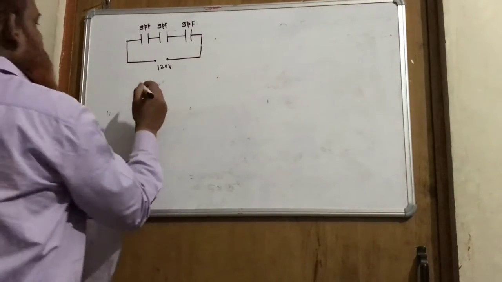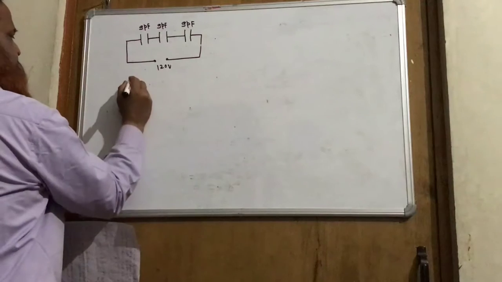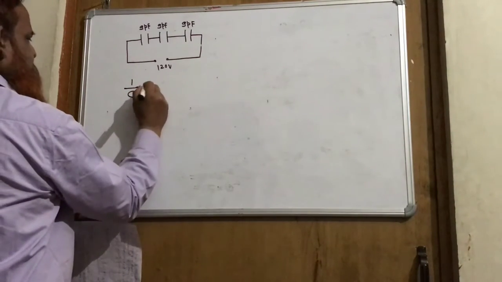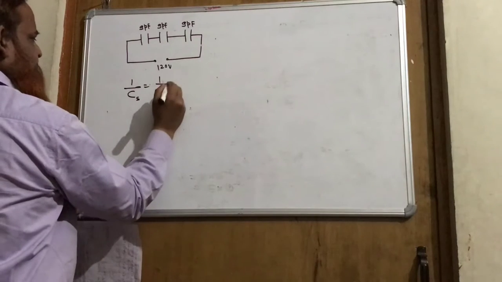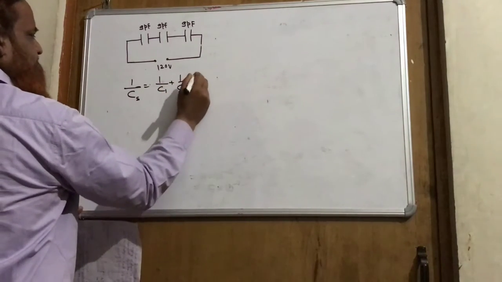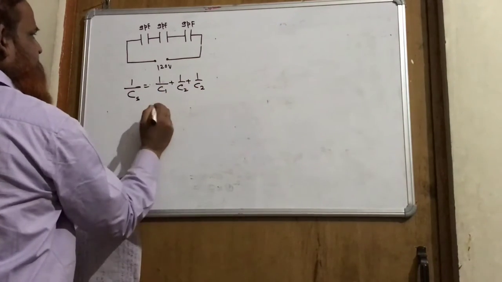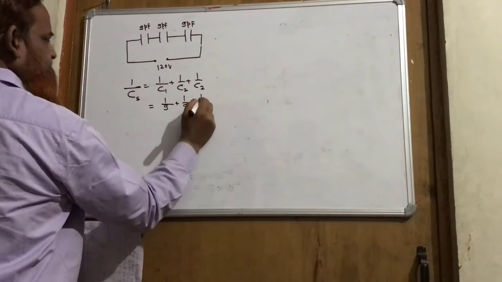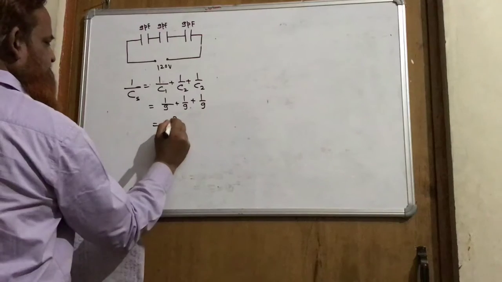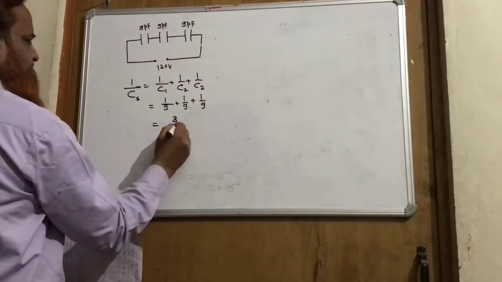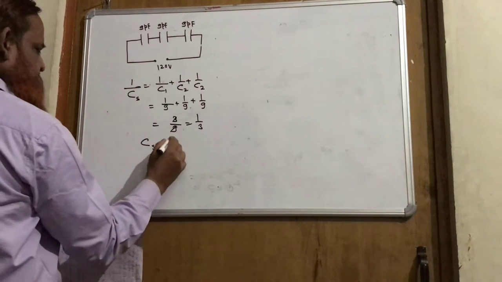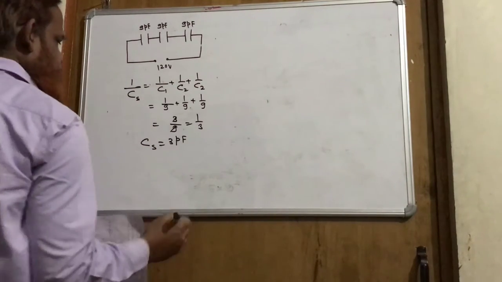Because they are in series, the equivalent, denoted by CS, is 1 upon C1, it will be 1 upon 9 plus 1 upon 9 plus 1 upon 9, which is 3 by 9 or 1 by 3. So CS will be 3 picofarad.